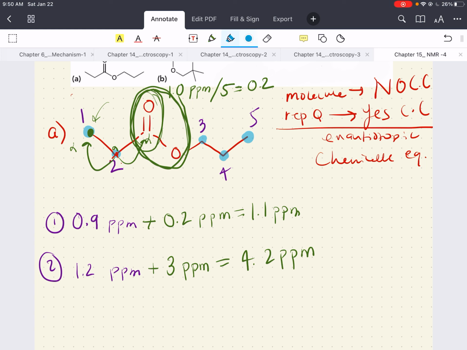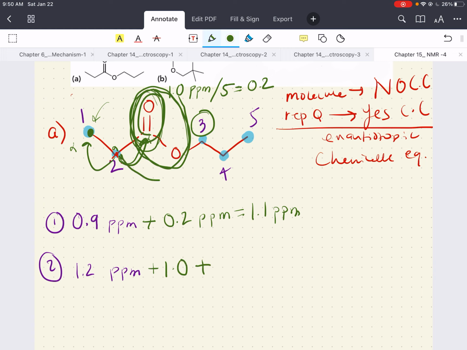Now we're going to look at position 3. Position 3 is right over here. Actually, oops, this is a slight error. Hold on there, hold your horses, folks. This position at the alpha position is actually a carbonyl, so we're going to count that first.